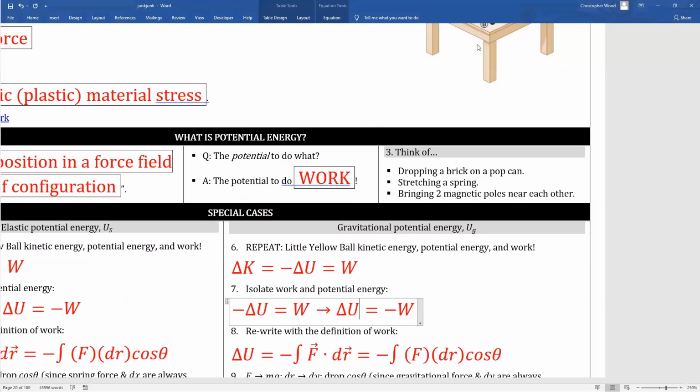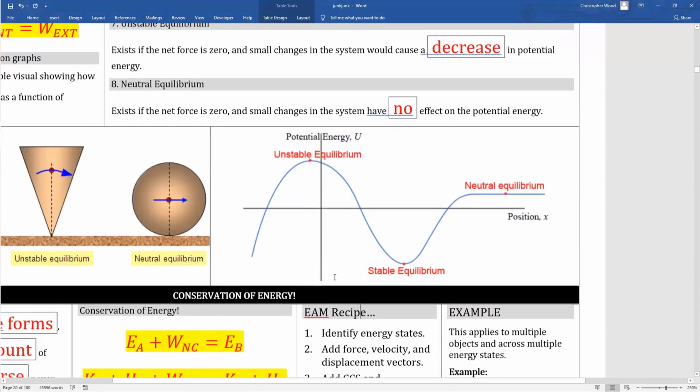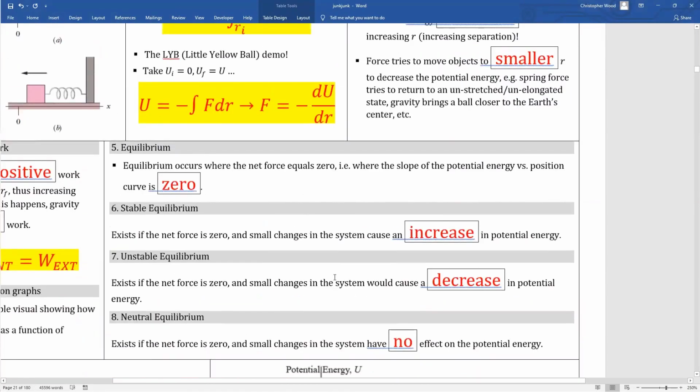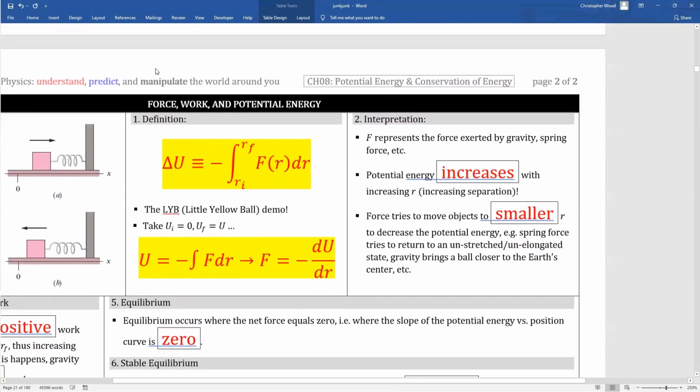Not to go through it from start to end, I'm just saying, look how much fun this is. Right here, force, work, and potential energy. Those are all entwined. They're all related. Force, work, and potential energy.